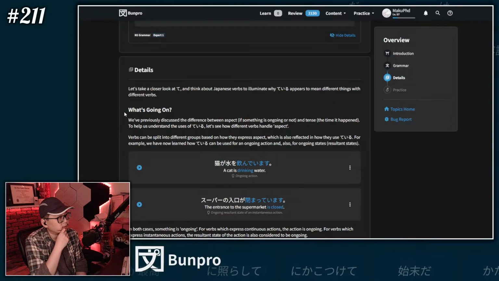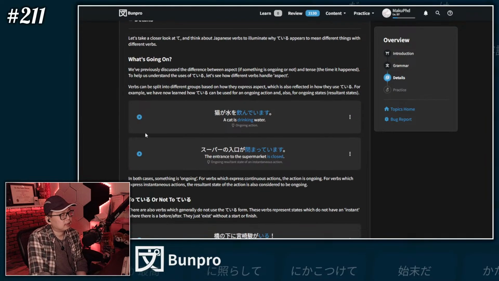For example, we have now learned how teiru can be used for an ongoing action and also for ongoing states, the resultant states. Hence the I've started running and continued running, the state of running, as opposed to I am running, I'm currently running, the ongoing action of running.